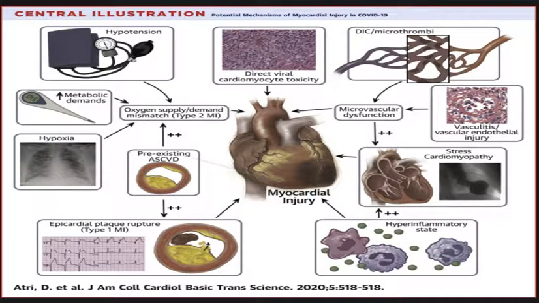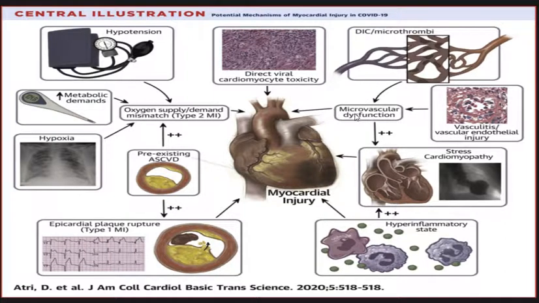This slide further goes into the increased metabolic demands when you're infected with the SARS-CoV-19. Direct viral cardiomyocyte toxicity is what's going to happen once the SARS gets inside the myocytes in the cardiovascular system. There's going to be disseminated intravascular coagulopathy and microthrombi, which we call showering of clots, actually.